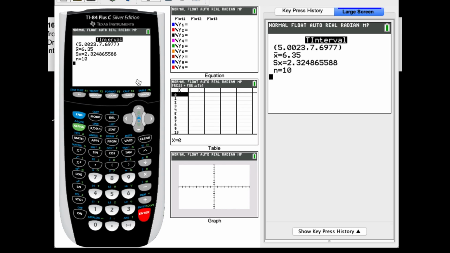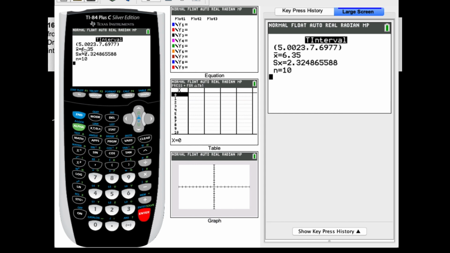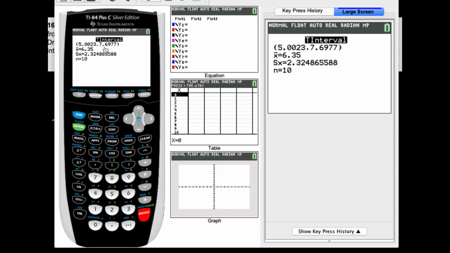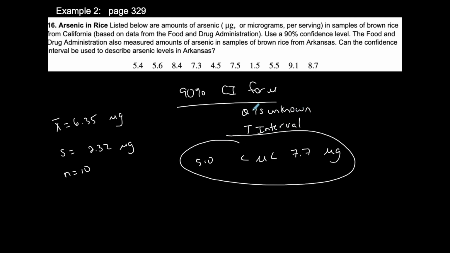Now, it also says n is equal to 10, but I can determine that by counting how many are in the sample: 1, 2, 3, 4, 5, 6, 7, 8, 9, 10. My confidence interval for this case has a low of 5.0 and a high of 7.7, if I round, micrograms. This is my confidence interval estimate for the average here.